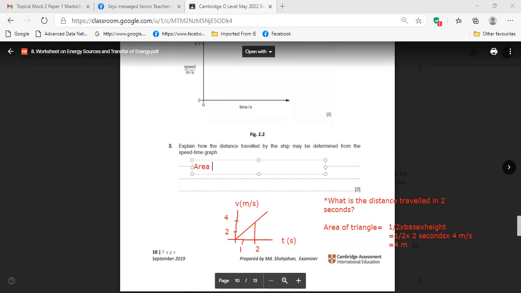Area under the speed time graph gives distance. Okay, yes, sir. Area under the speed time graph gives distance.